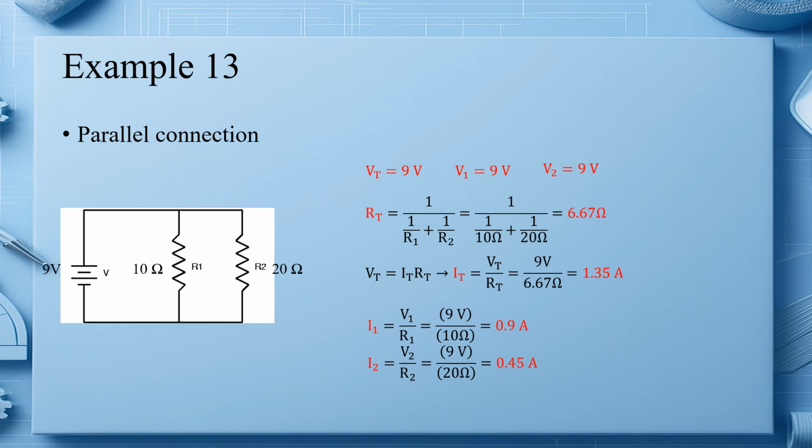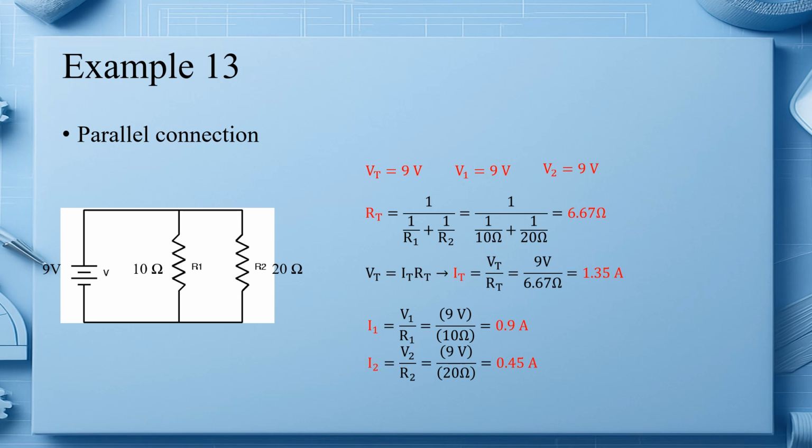For the R total, we have 1 over the sum of the reciprocals of the resistances, so we have 6.67 ohms. From there, we can solve for the total current, which is 9 volts over 6.67 ohms.